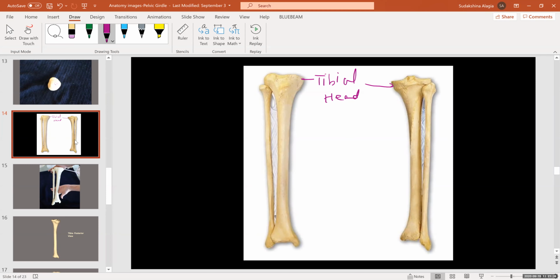Do I have tibial tuberosity? Yes. So tibial tuberosity. Okay. Tibial tuberosity is visible only on the anterior aspect. See that?